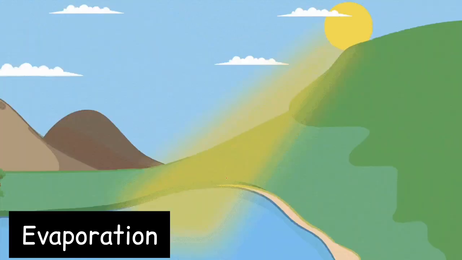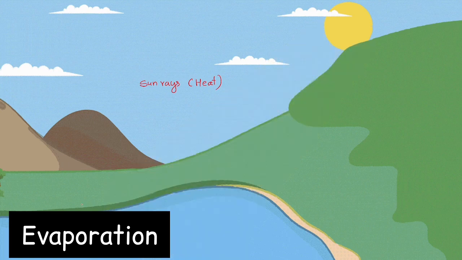Whatever water sources we have on the earth, because of the sun's rays or heat, water from these sources get heated up. And because of this heat, it get converted into a gas state, that is a vapor state.